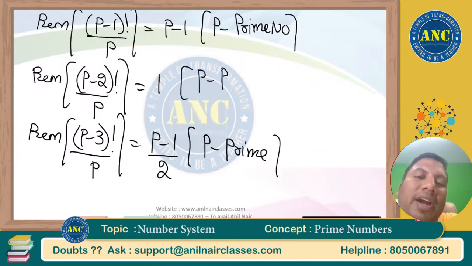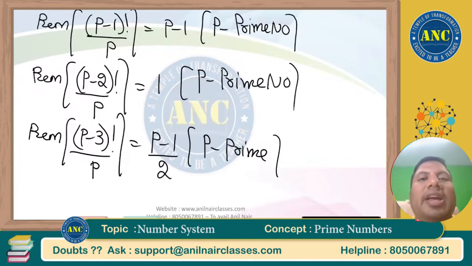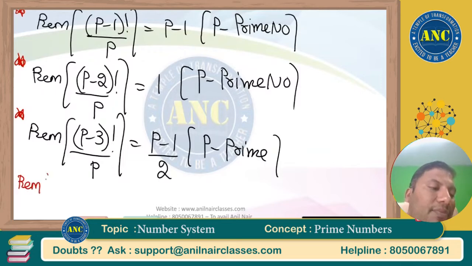In case you forget these conclusions, I will tell you the way to get the answer step by step. Please make a note of it. (P minus 1) factorial divided by P is P minus 1. (P minus 2) factorial divided by P is 1. (P minus 3) factorial divided by P is (P minus 1) by 2. Directly you will get the answer.